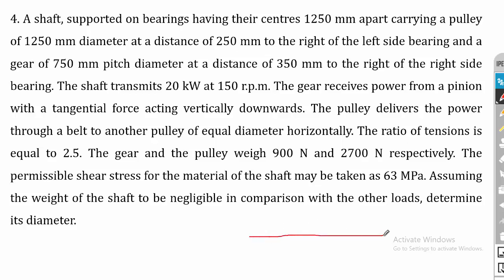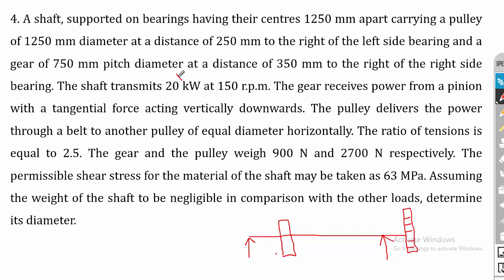So the shaft is supported at a distance of 1250 mm and it carries a pulley at a distance of 250 mm to the right of the left-hand bearing. Then a gear of 750 mm pitch diameter at a distance of 350 mm to the right of the right hand bearing carries a gear.